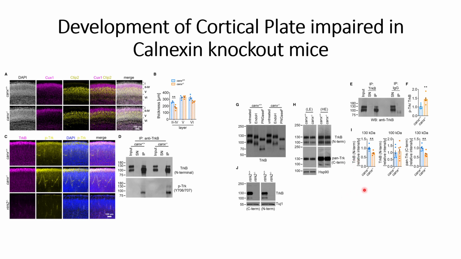Since the signals for both the N terminal and C terminal TRKBs are low in the non-phosphorylated form, this indicates that the non-phosphorylated TRKB, which is usually expressed on the cell surface, is low, whereas for the phosphorylated TRKBs, not much difference has been observed.